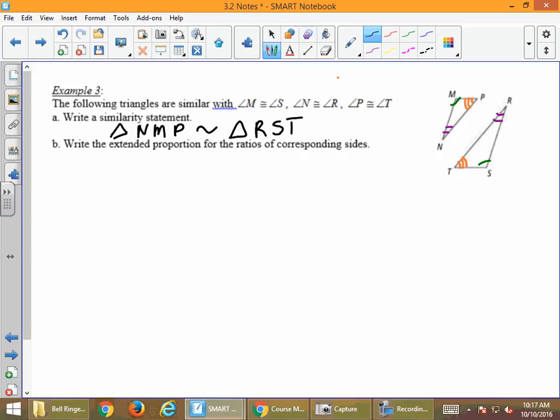So it's no different than stating that two triangles are congruent. Same exact process, you just use a squiggle. You don't use the congruence symbol. Same concept, just different symbol.